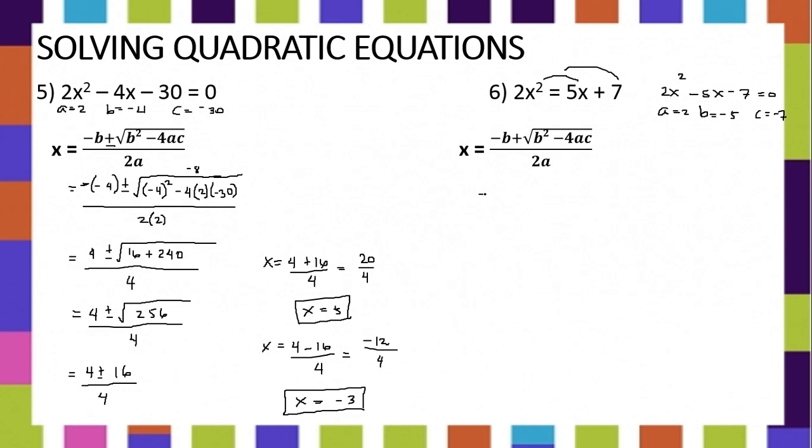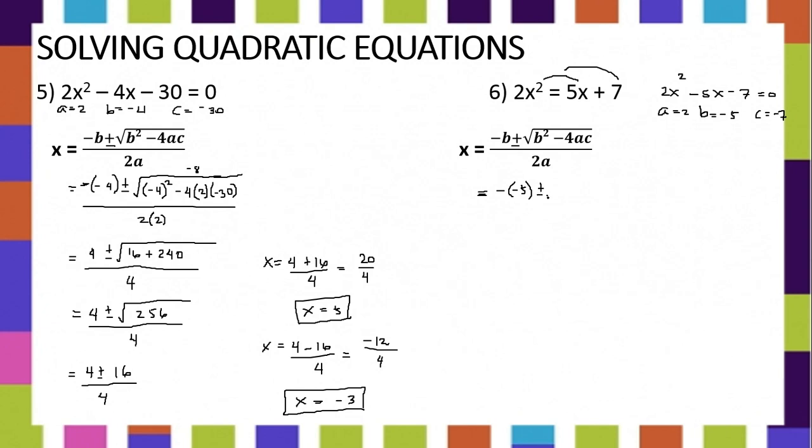Okay? Substitute na natin is equal to negative b, negative, di ba? Tapos yung b natin is negative 5. May negative dito. Okay.